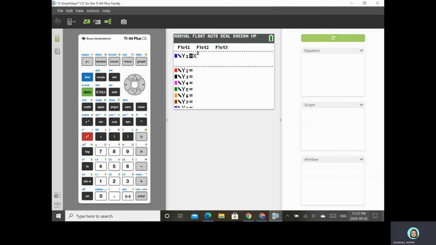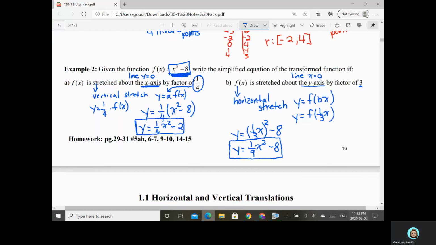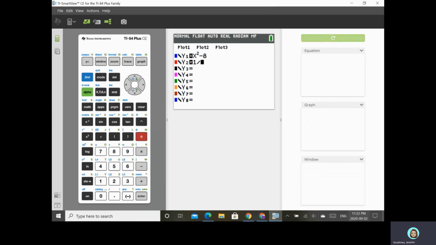Then we had our vertical stretch, 1/4 x squared minus 2. And then we had our horizontal stretch by a factor of 3, so we had 1/9 x squared minus 8.